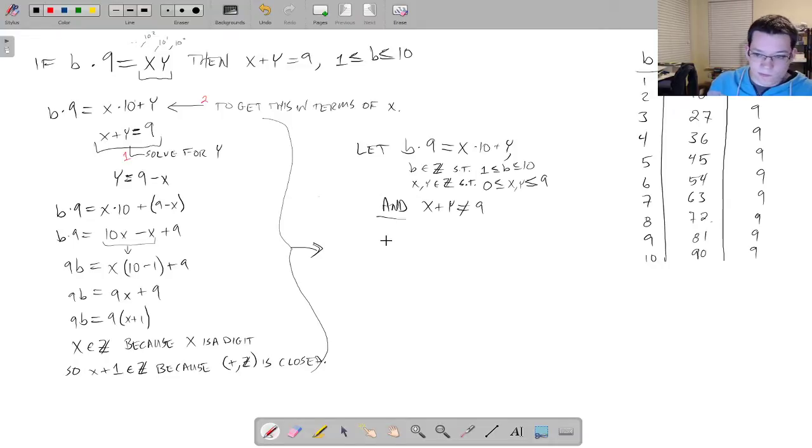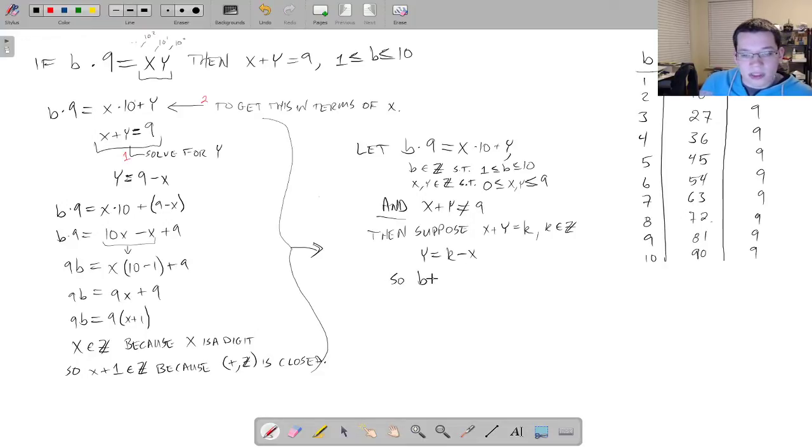Then suppose if it doesn't equal 9, x plus y equals some other number, any number, we'll call it k, with k in the integers. Then y equals k minus x.